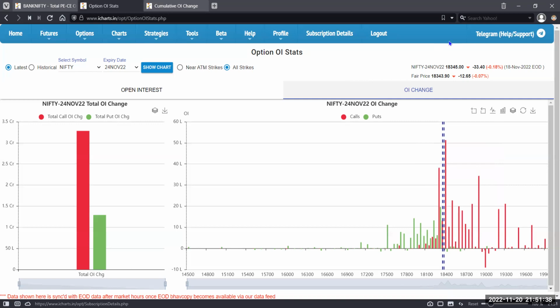Sure. If I can say something on this. Yeah, sure. This happens. I did it day before yesterday to close my position, because I had a lot of put options sold. I wanted to square off the position, so I went deep in the money on the put side and the call side also.